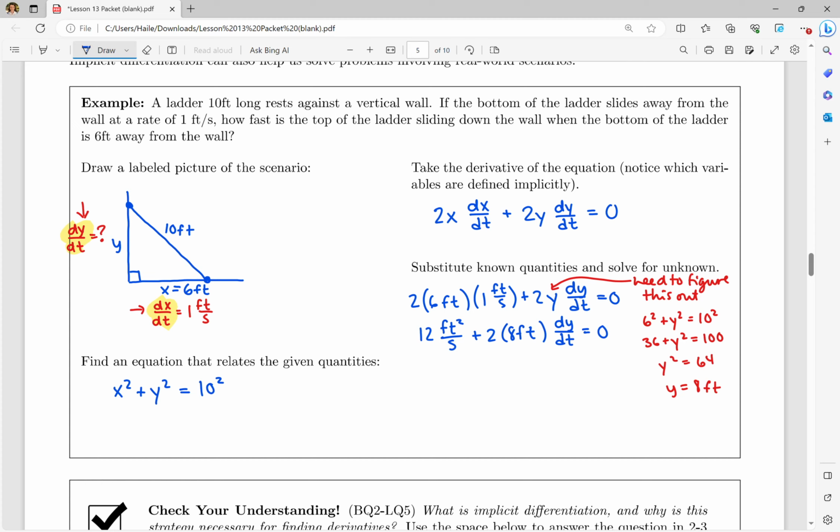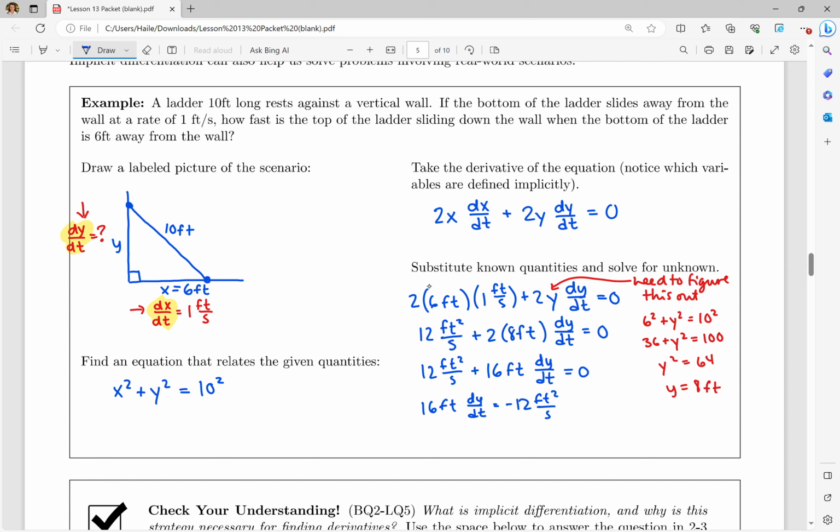Okay, now this gives me 12 feet squared per second plus 16 feet times dy dt is equal to 0. Let's move over the 12 feet squared per second. So we have 16 feet times dy dt is equal to negative 12 feet squared per second.